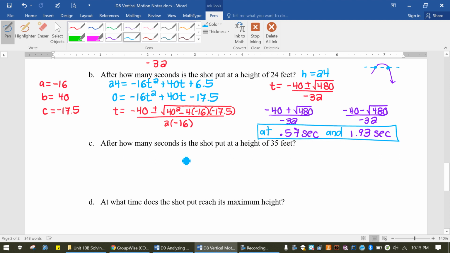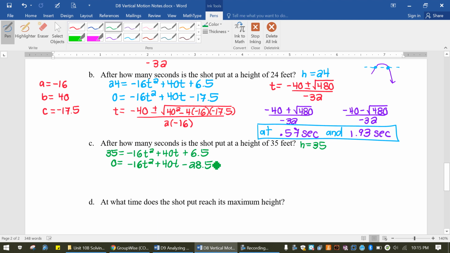Okay, next part. At how many seconds is the shot put at a height of 35 feet? So 35 is the height, and we're using the same equation: negative 16t squared plus 40t plus 6.5. So we're going to subtract 35 from both sides. We're going to have negative 16t squared plus 40t minus 28.5.